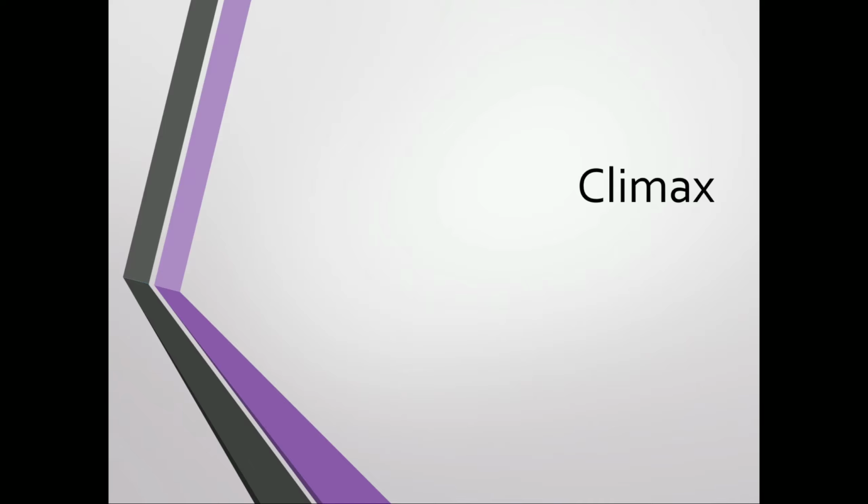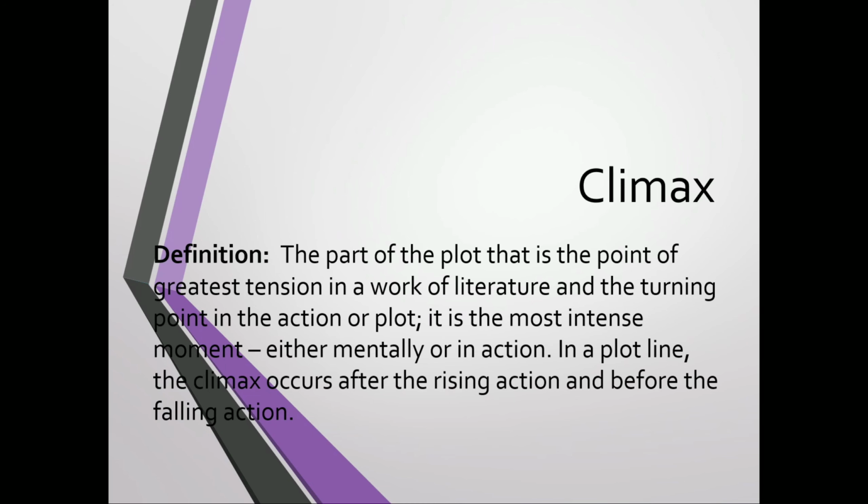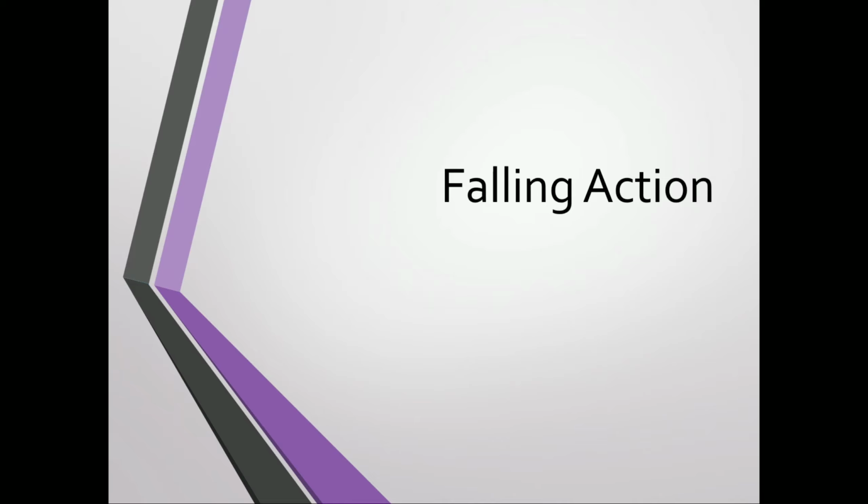It can turn the story, so it can finish either happy or sad. The climax is the part of the plot that is the point of greatest tension in a work of literature and the turning point in the action or plot. It is the most intense moment, either mentally or in action. In a plot line, the climax occurs after the rising action and before the falling action.